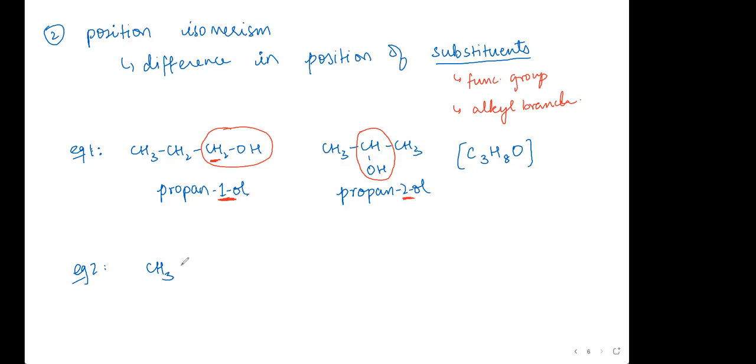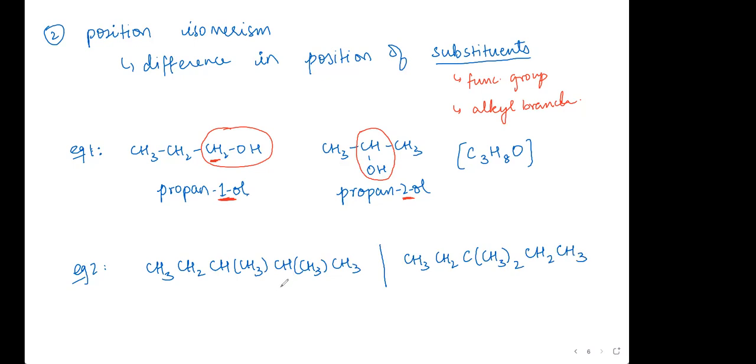For example, if I have CH3, CH2, CH, CH3, again CH, CH3, CH3 versus, let's say, CH3, CH2, C, CH3 twice, then CH2. Are you guys familiar with this notation of representing organic compounds?